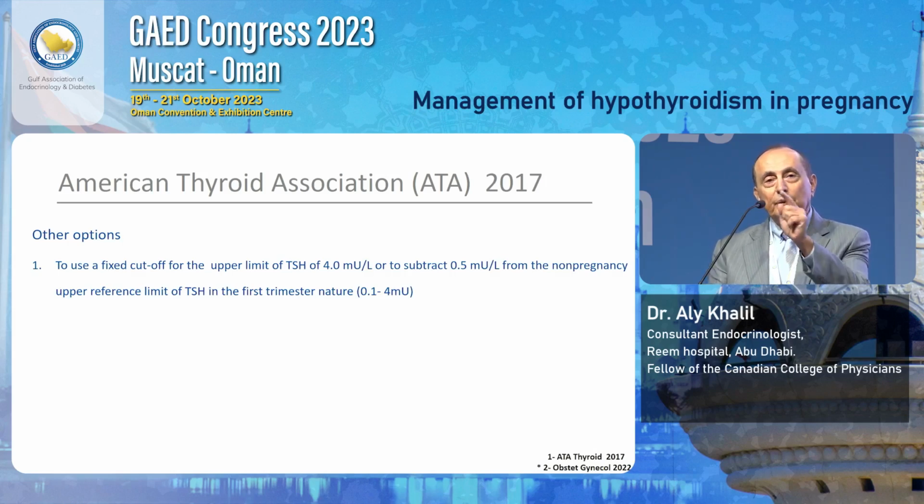But you take the upper limit of TSH, which normally is around 4.5, and you decrease it by 0.5. And you do the same for the lower limit in the non-pregnant, and you decrease it by almost 0.5. So if you want to use it, the upper limit could be: TSH anything above 4 is abnormal, considered the upper limit that you could use for TSH.